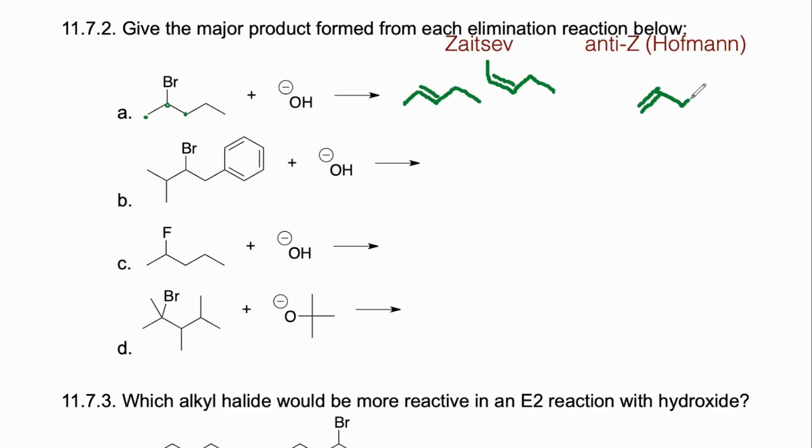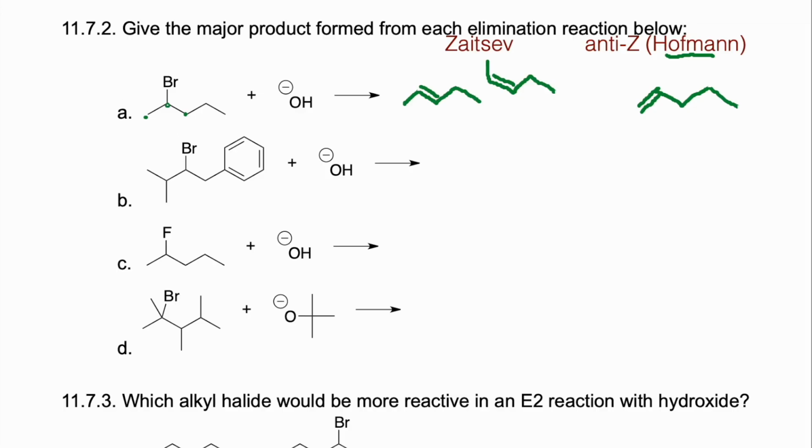The anti-Zaitsev product would be the other neighbor getting picked on. So this is a monosubstituted alkene, and that is less substituted. So that is not the Zaitsev product. And this is also observed for Hofmann elimination, so this is sometimes called the Hofmann product, which we'll learn about later in the course. But the more substituted product would be the Zaitsev product, and in this case that would be favored.